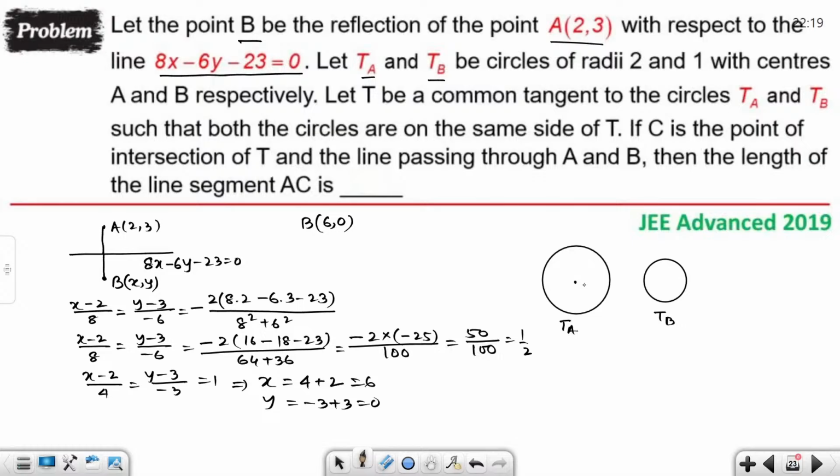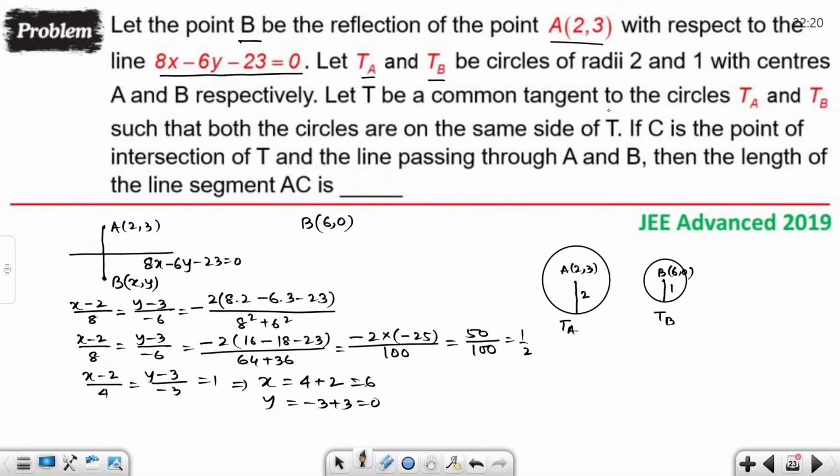The center of this circle TA is A, that is (2, 3), and that of TB is (6, 0), that we got. And the radius of TA is 2 units and radius of TB is 1 unit, that they have given.